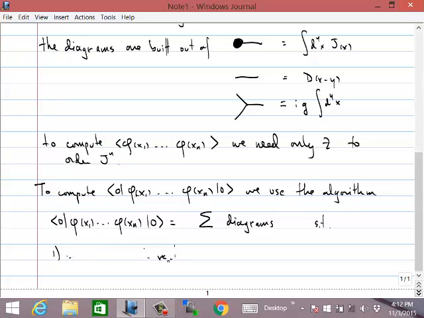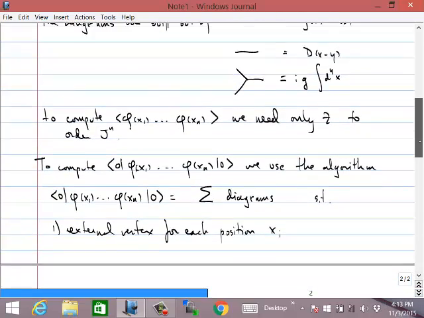Sorry, my eraser on this pen is not working very well. So each external vertex is represented by a point, and we get one external vertex for each position, xi.